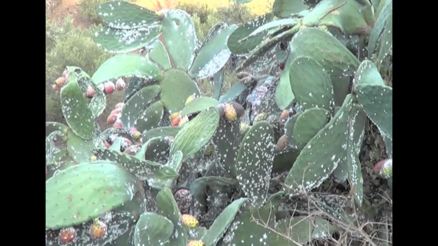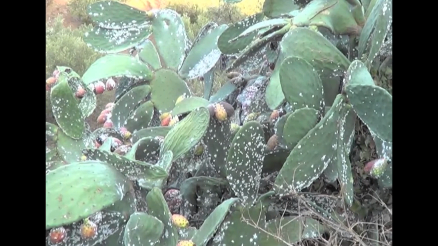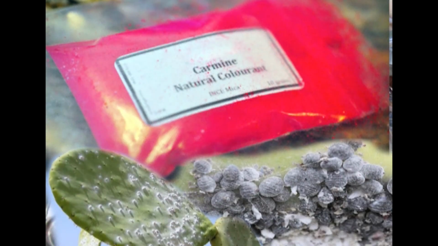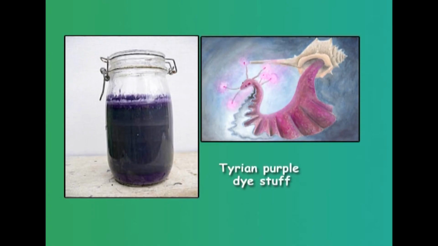Cochineal is still harvested today on the Canary Islands. In fact, most cherries today are given their bright red appearance through the artificial color carmine, which comes from the cochineal insect. Another important animal source also gives red color. Tyrian purple is another dye, from molluscs.